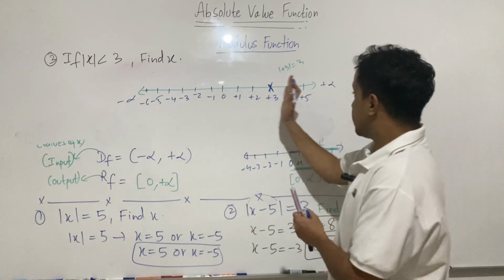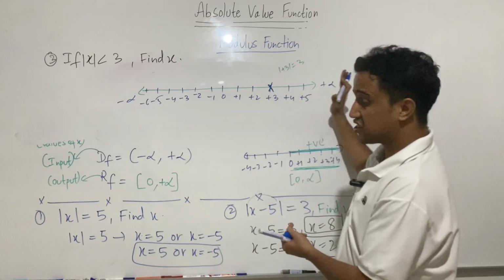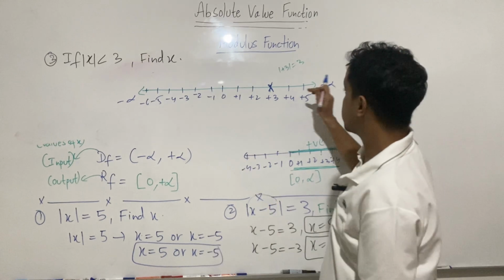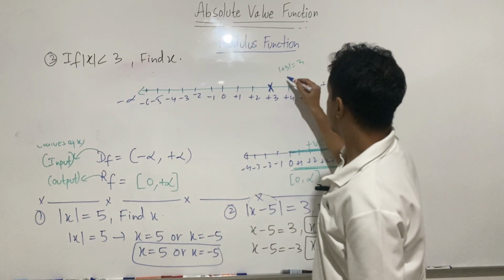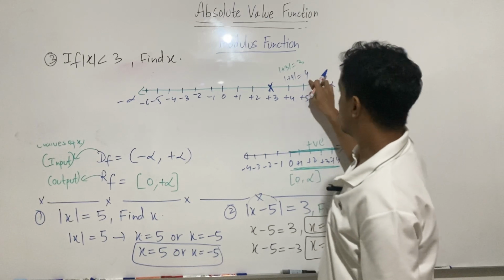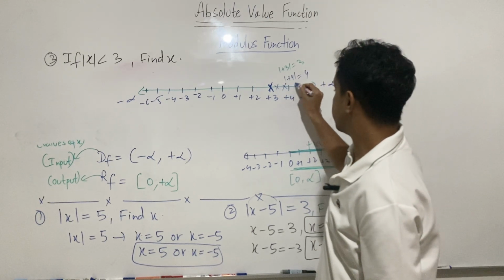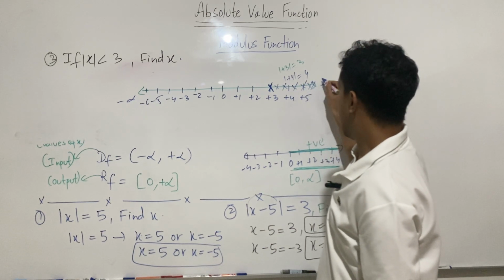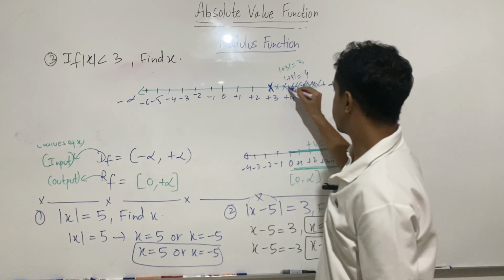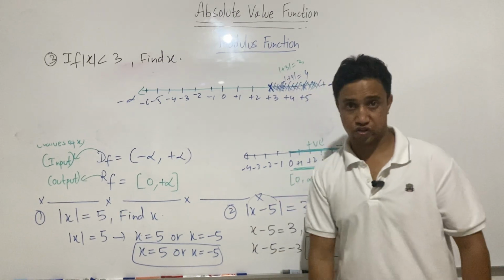Now if you see on the right side, as we increase the input by 1 unit, the modulus of these numbers is going to be greater than 3. It means I don't need these inputs. Understand why?